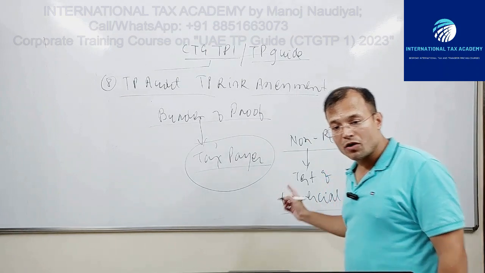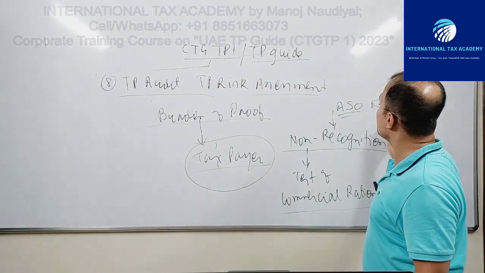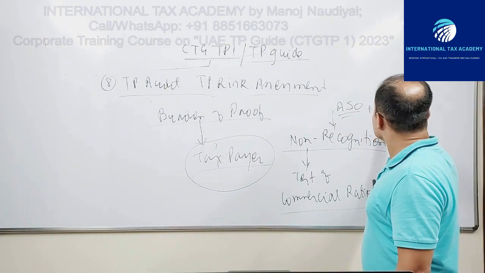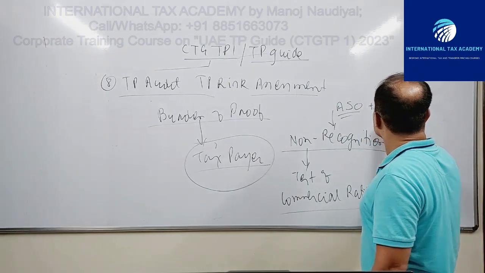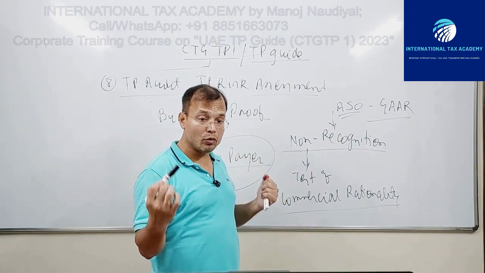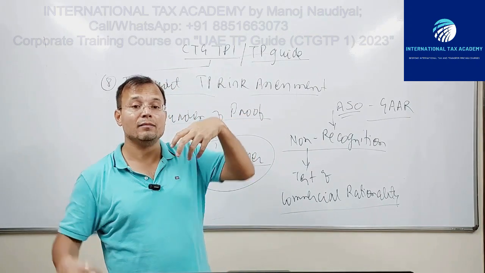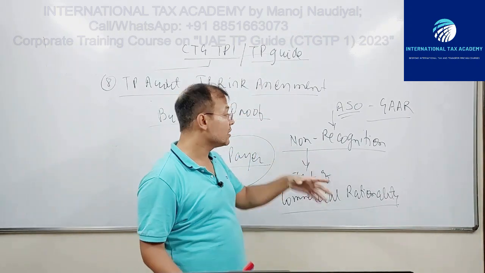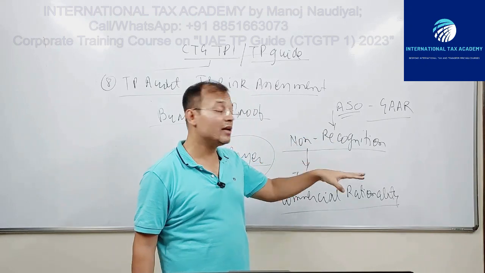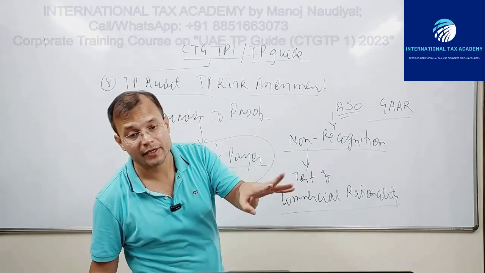The legal basis for non-recognition comes from Article 50 of the Corporate Tax Law, that deals with the GAAR, the General Anti-Avoidance Rule. So Article 50 of the Corporate Tax Law 47 of 2022 provides the Federal Tax Authority the legal muscle, the legal basis, for disregarding a controlled transaction which fails the test of commercial rationality.